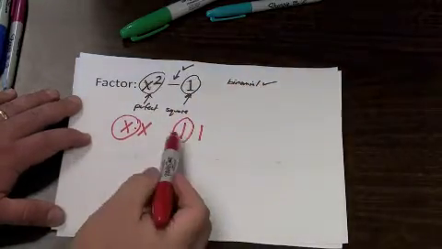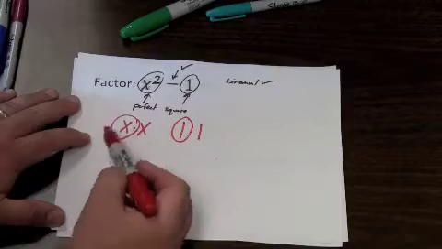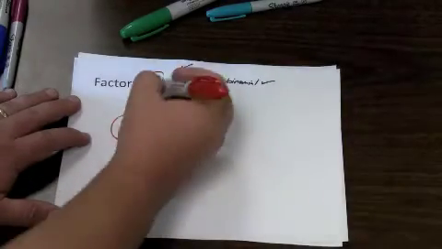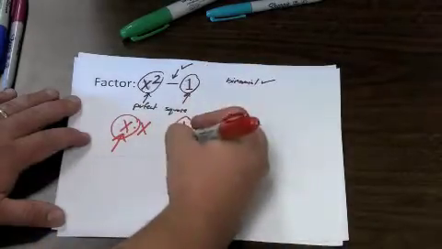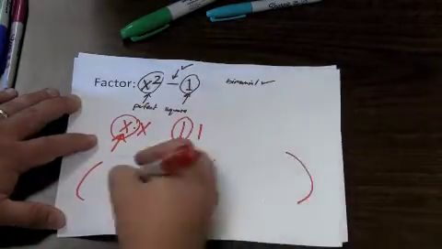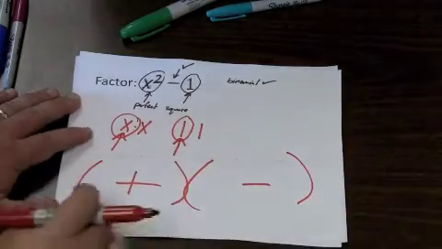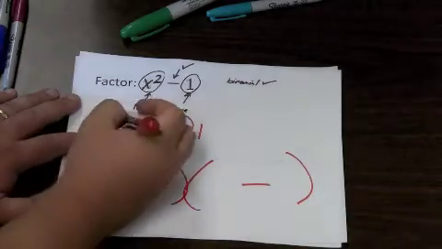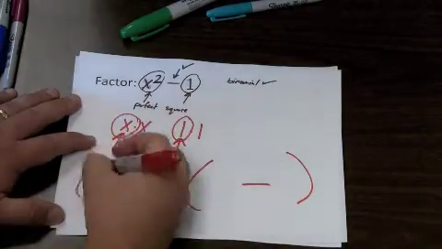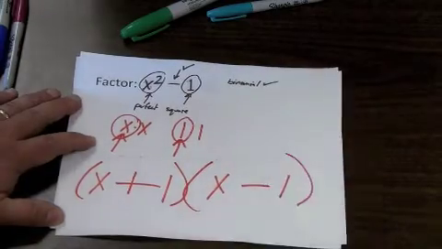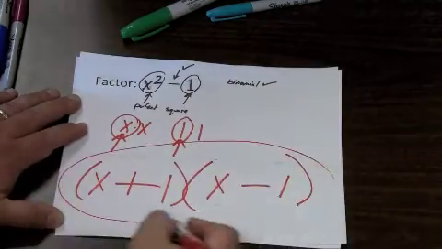The definition of a perfect square is that it has two factors that are exactly the same. So the square root of x squared is x, and the square root of 1 is 1. Now the third step is to write our skeleton. Parentheses, parentheses, one with a plus, one with a minus. Then you put your square roots inside of here. So it's going to be x plus 1, x minus 1. There is your factorization.